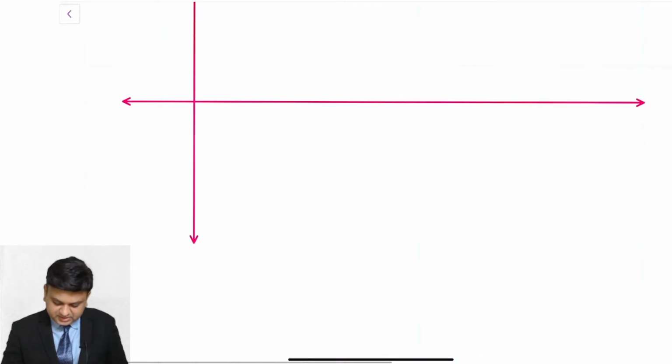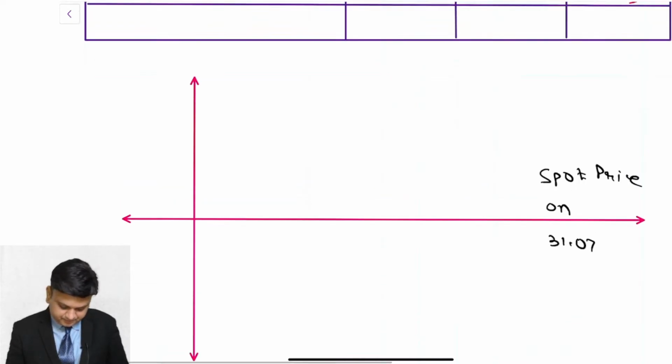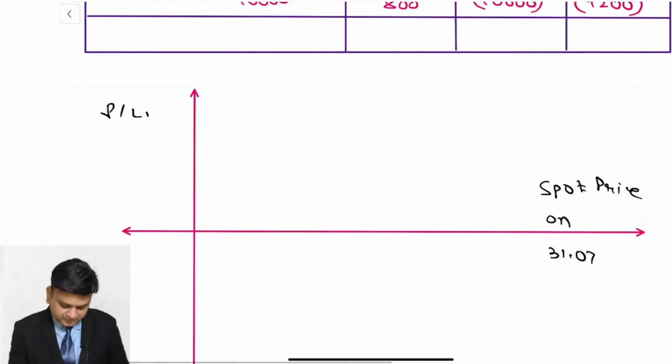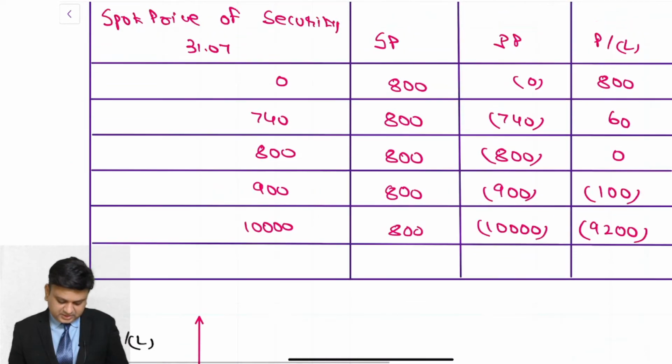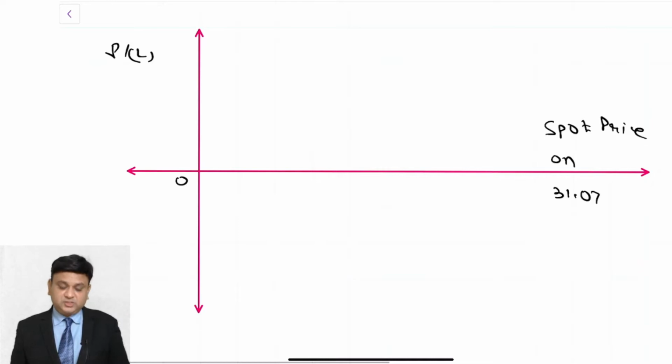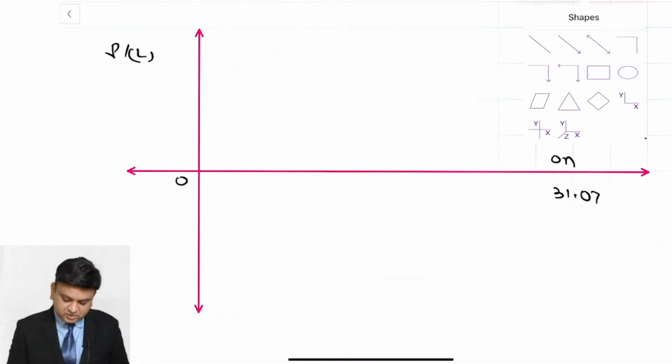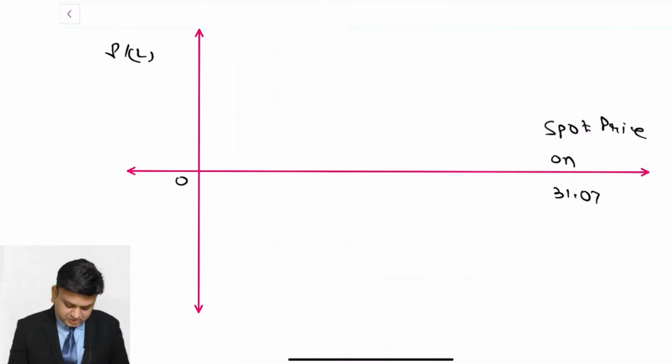So over here on the x-axis is the spot price on 31st of July, and on the y-axis we take the profit or loss. When the spot price is 0, there is a profit of 800. I always suggest students to start with the 0 spot price. So there is a profit of 800 rupees over here.